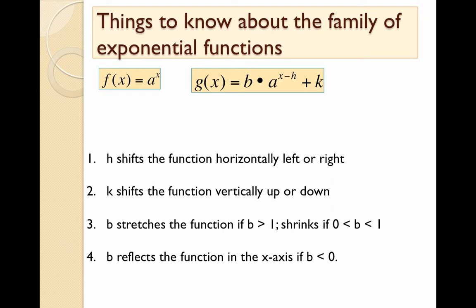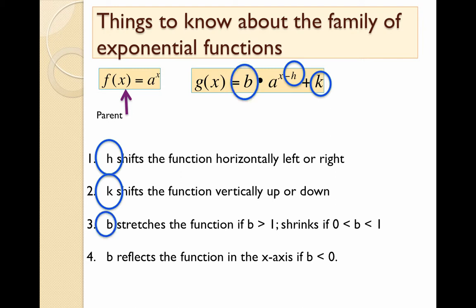Now let's look to see how do we do our translations on an exponential function. Here's our parent, f of x is equal to a to the x, and let's translate it and transform it. H shifts the function horizontally, left or right. K shifts the function up or down.